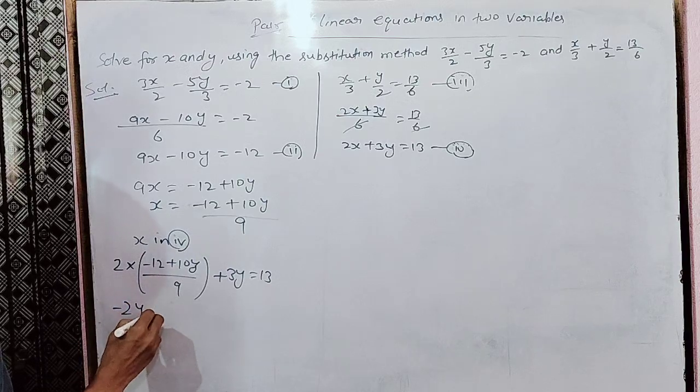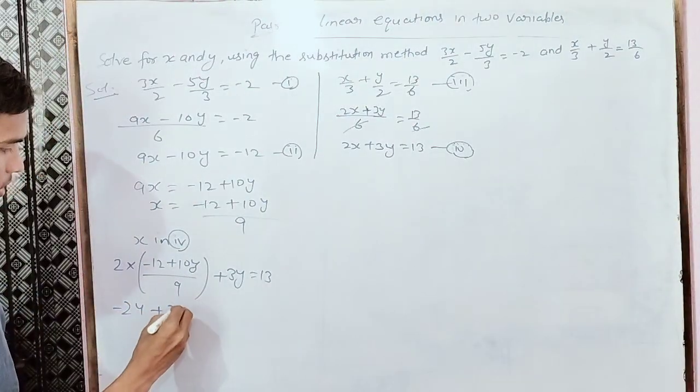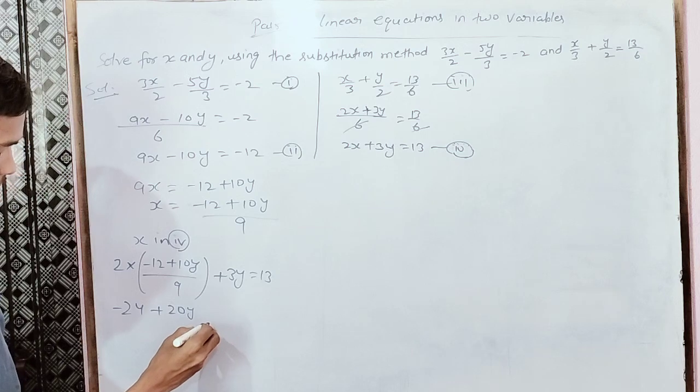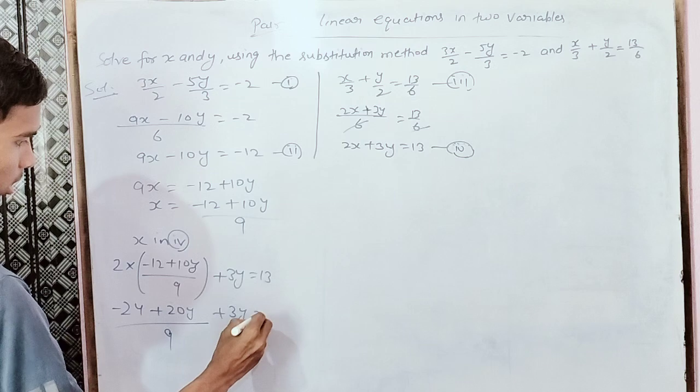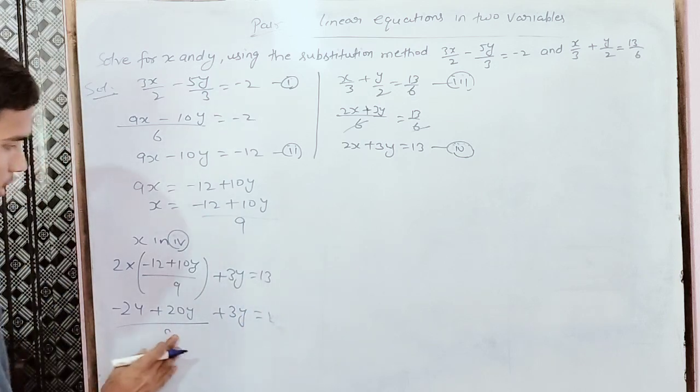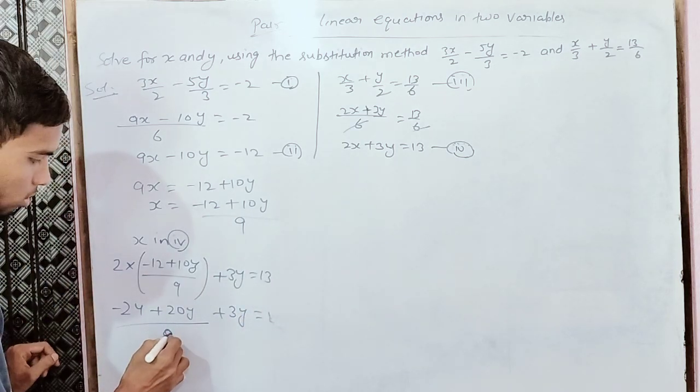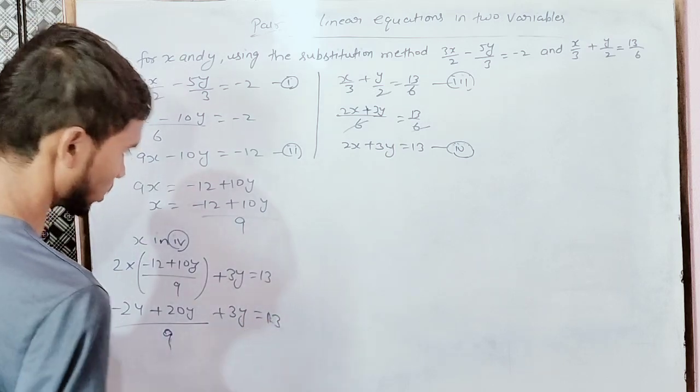So minus 24 plus 20y upon 9, plus 3y is equal to 13. So here, no, this is 13. Okay.